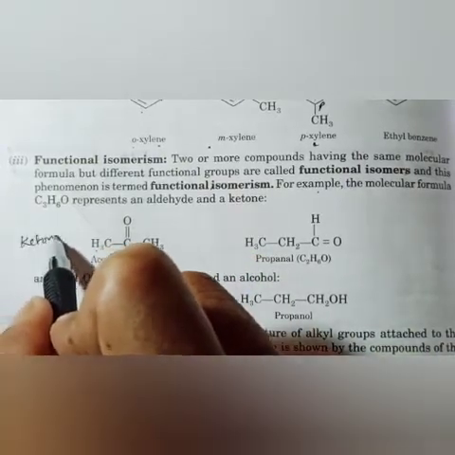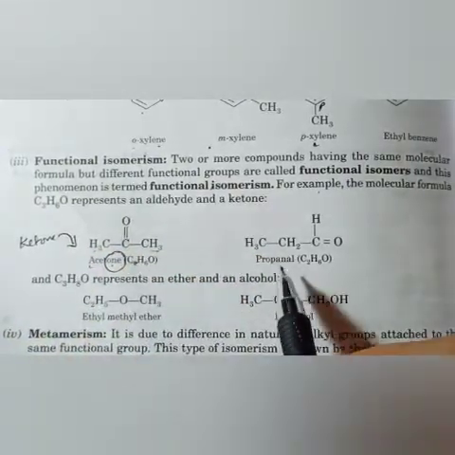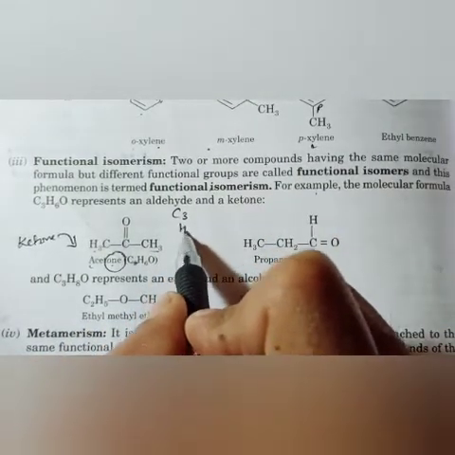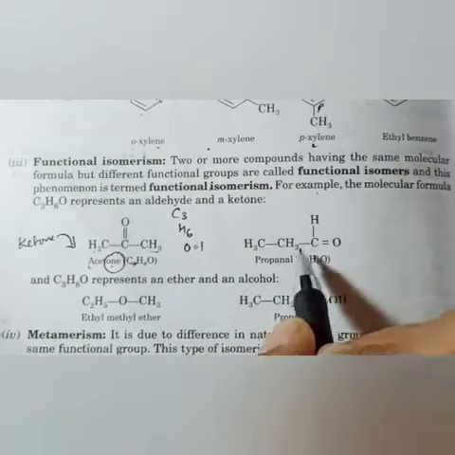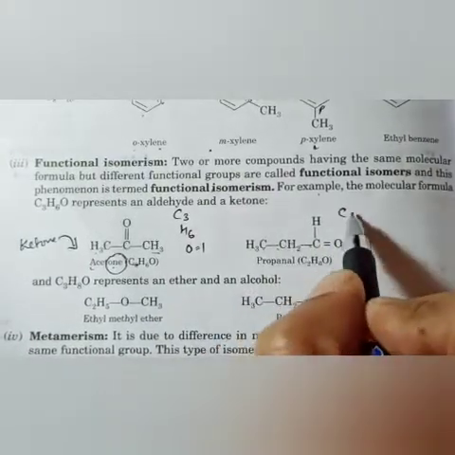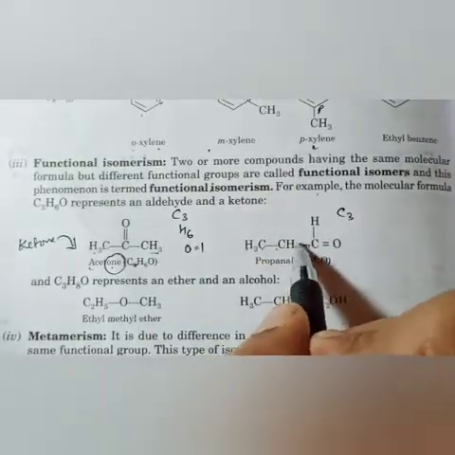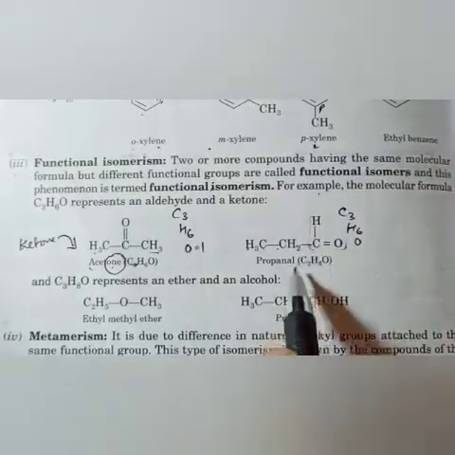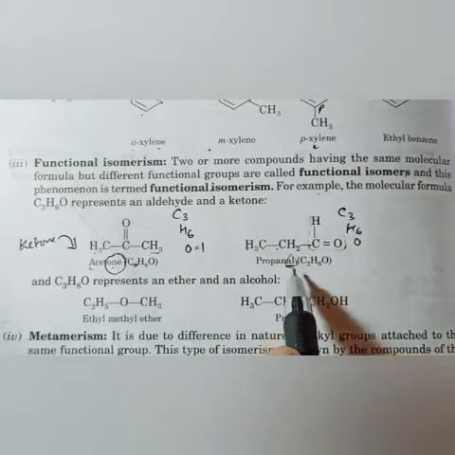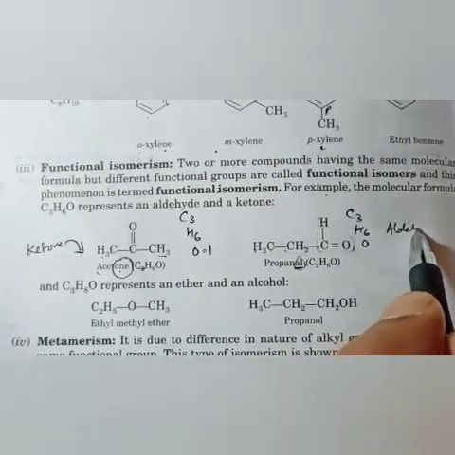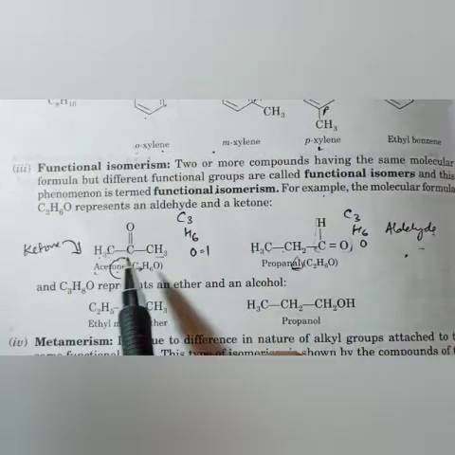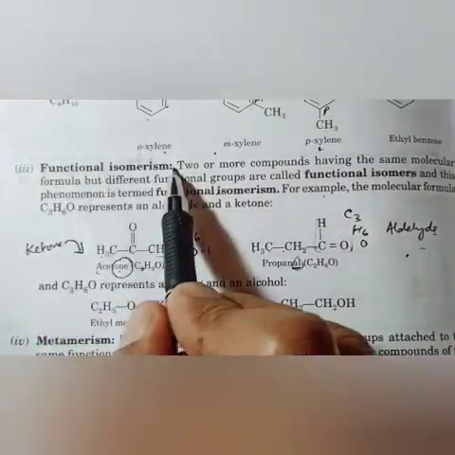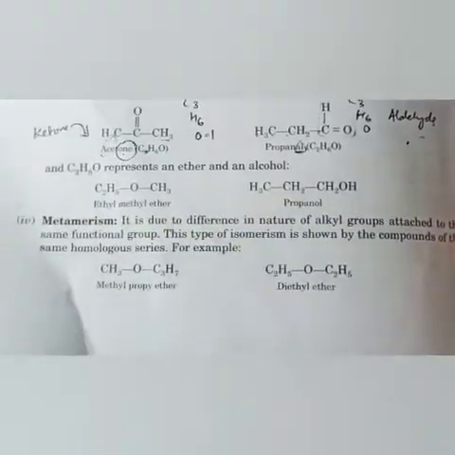It has 3 carbon, 6 hydrogen and 1 oxygen. But the other is propanal, with the aldehyde functional group. So different functional group but the same number of carbon, hydrogen and oxygen. That's why it is called functional isomerism, because the functional group is changed.